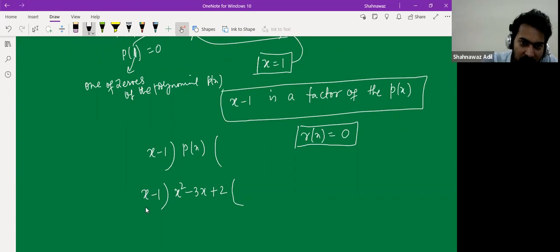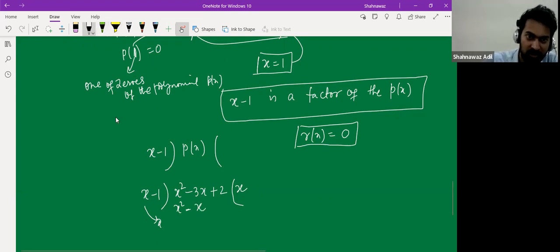So what will we multiply with x to get x square? x. So x will be the factor. When we multiply x with x, that will be x square, and this is minus x. Firstly, we negate the higher power terms in the division of this polynomial.